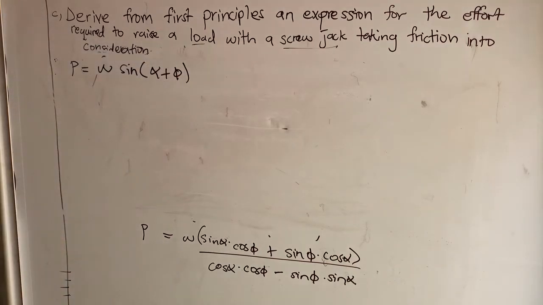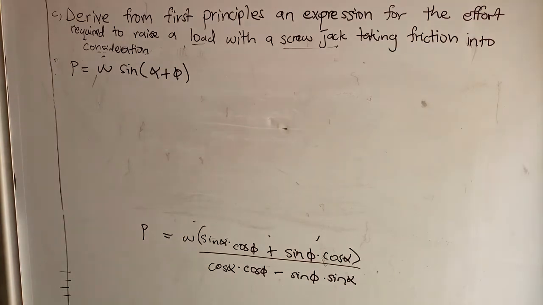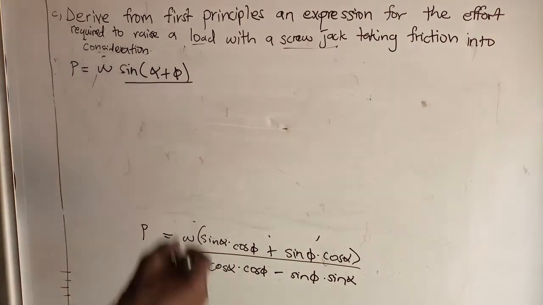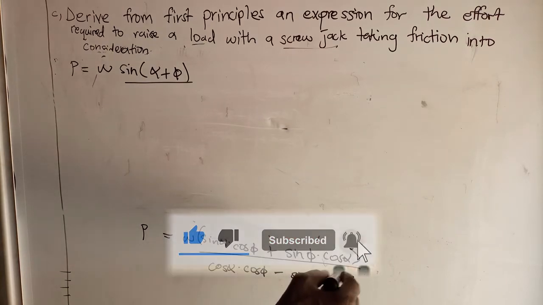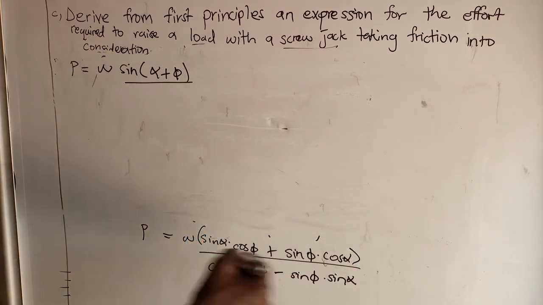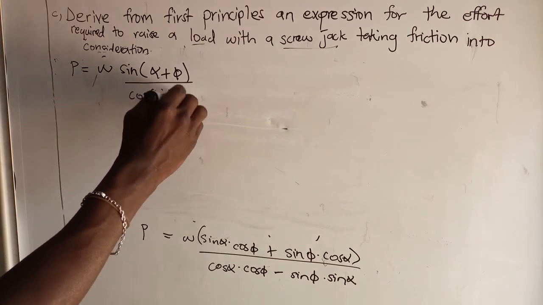I think we all know that, because this is the expansion of this, right? The same thing applies downwards, that cos alpha times cos phi minus sine phi times sine alpha is the expansion of cos of alpha plus phi.